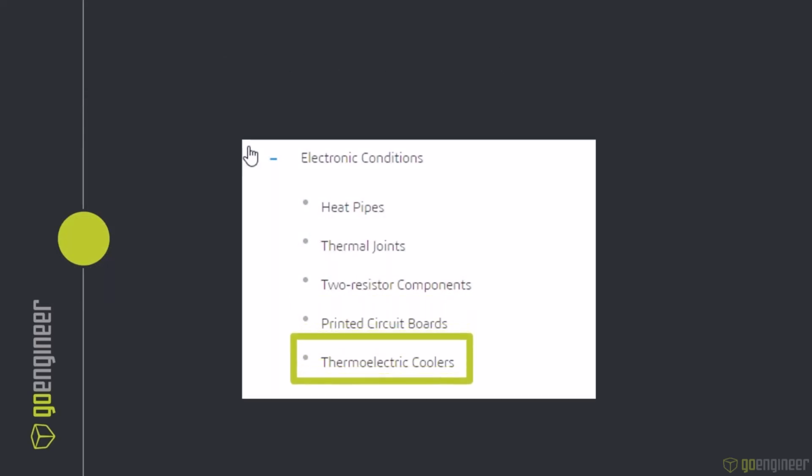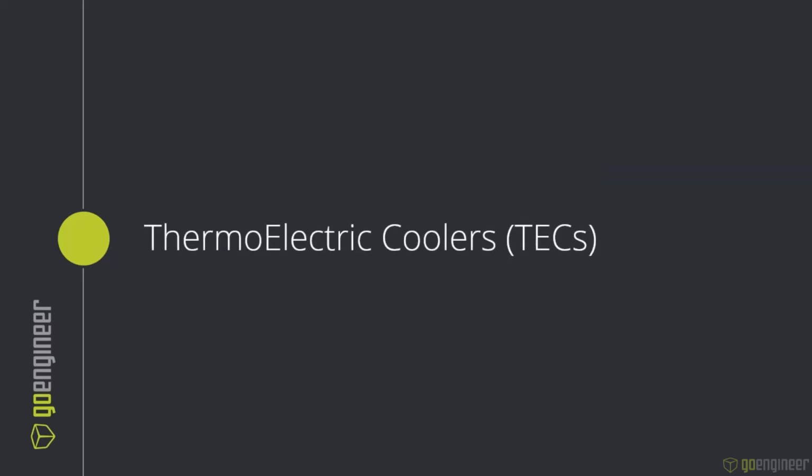All right, and then I'm going to mention thermoelectric coolers. You may have noticed, if you're paying really close attention, that both the trees that I showed at the beginning both had thermoelectric coolers on them. You are able to make thermoelectric coolers from scratch if you want without the electronic cooling module. Once you activate the electronic cooling module, you have access to a much larger library of TECs.